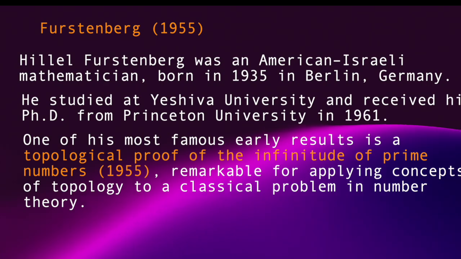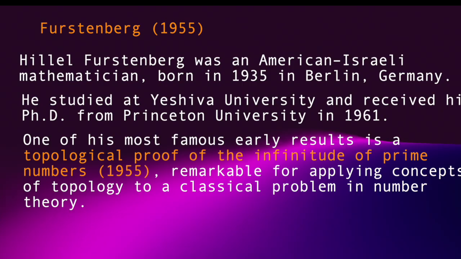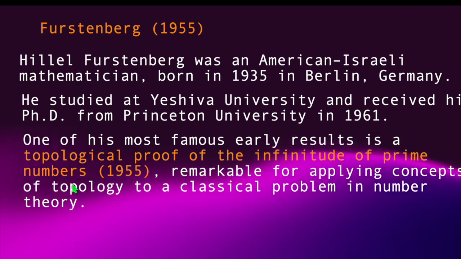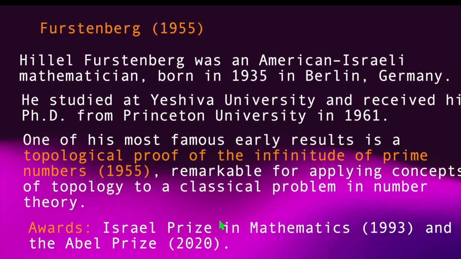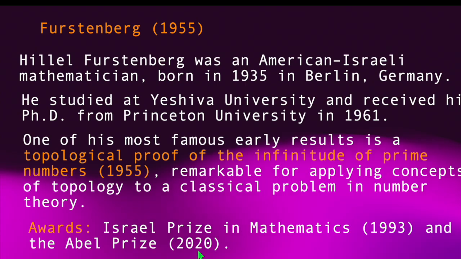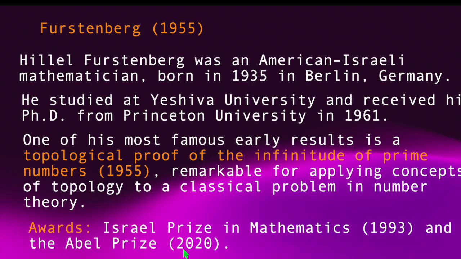He is famous for many results in mathematics, and the most famous one is his topological proof of the infinitude of primes in 1955. And he received many awards, the Israel Prize in Mathematics and the famous Abel Prize in 1990, and unfortunately he died in the same year.